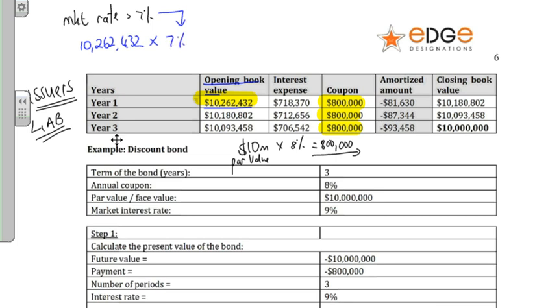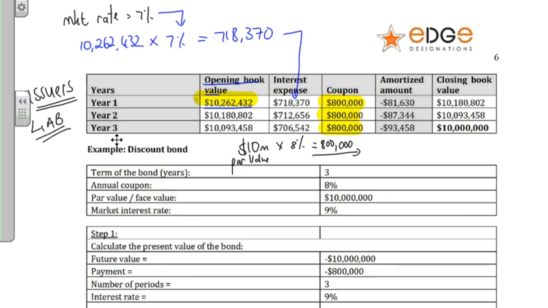Let's just run that into the calculator over here. So it's 10,262,432 times 7%. I get 718,370. Everybody comfortable with that? And there's the interest expense.